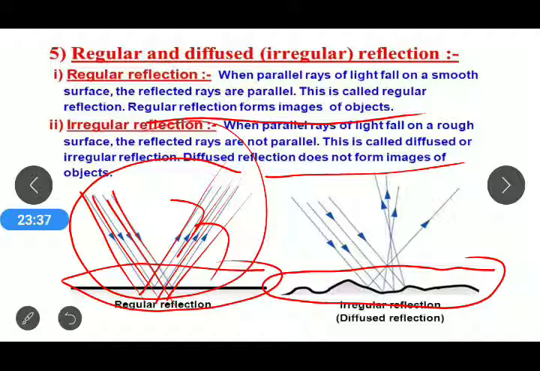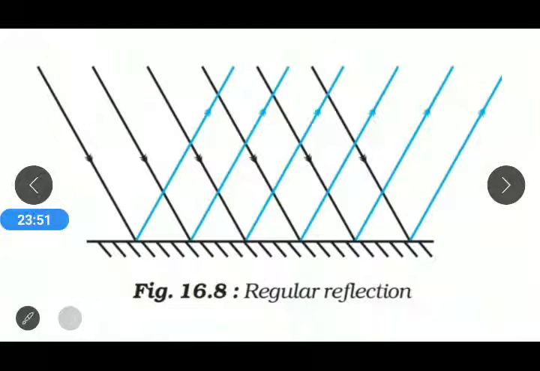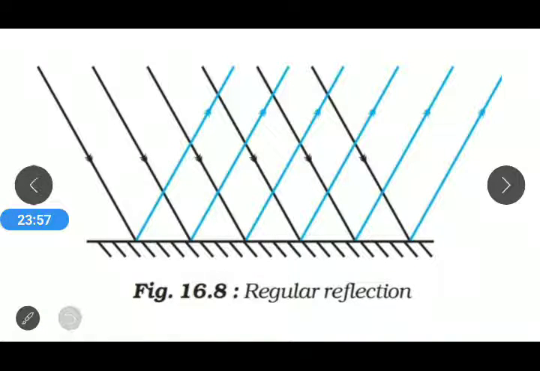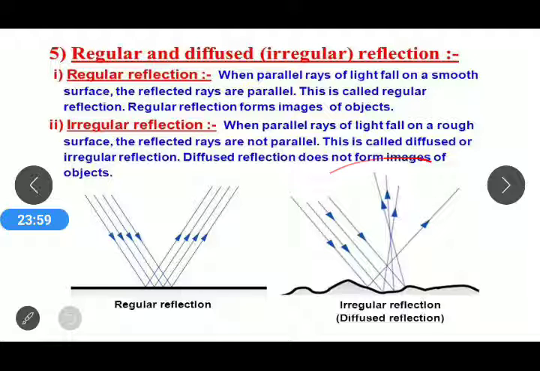But we should also be very clear on that point that the laws of reflection are always followed in both reflections, either regular reflection or irregular reflection. This is your picture of regular reflection, and this is your irregular reflection.